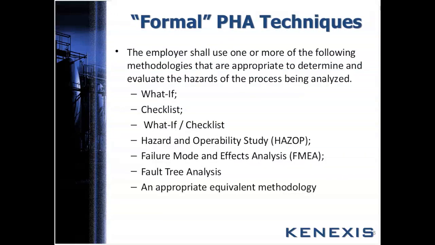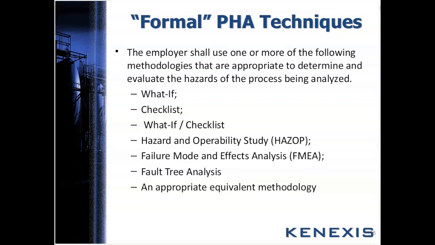But what kind of formal techniques are out there? Well, OSHA says that this is a list you can use. It gives you this half a dozen: what-if, checklists, HAZOP, FMEA, fault tree, or an appropriate equivalent methodology, which would be kind of hard to come up with one that would be more specific than these.